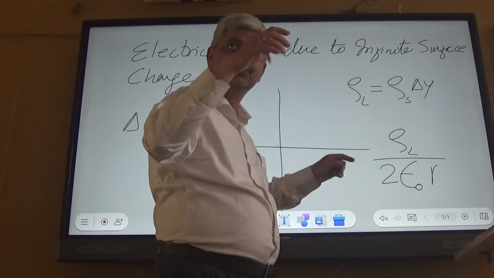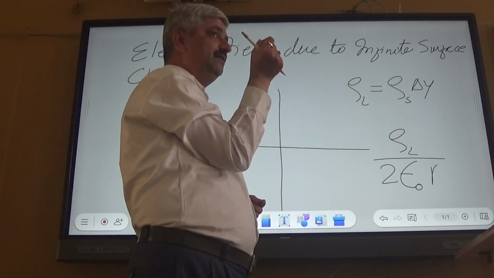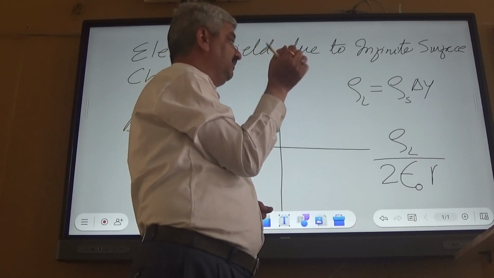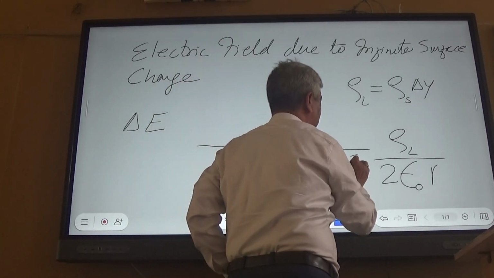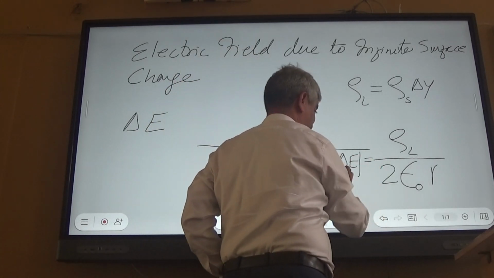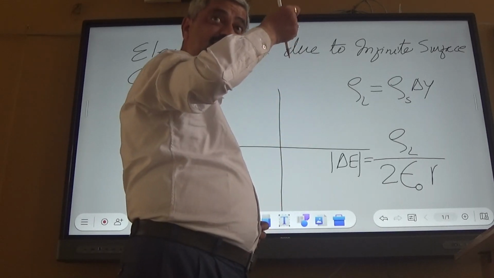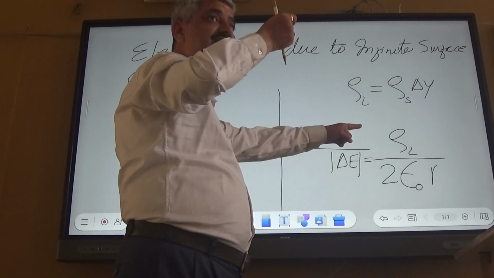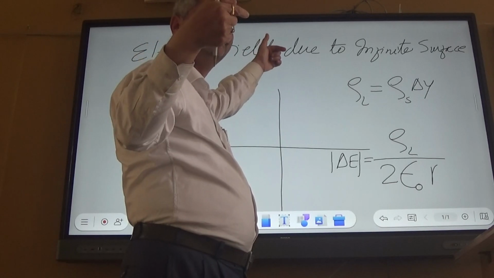Is it clear? So at 0, 0, z, the contribution of this is delta E, and mod delta E would be this. What is the direction? This way.